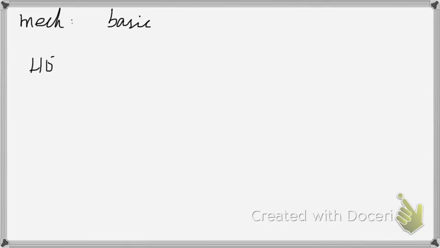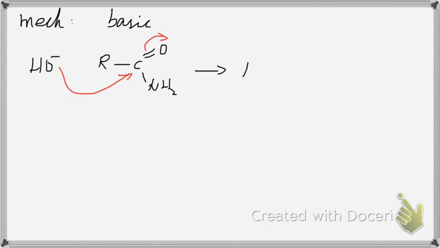Now I just want to go over the mechanism for basic hydrolysis very quickly. This is the nucleophilic acyl substitution. So under basic condition, hydroxide is the nucleophile. It's going to attack on the carbonyl carbon of the amide, breaking the C=O double bond.